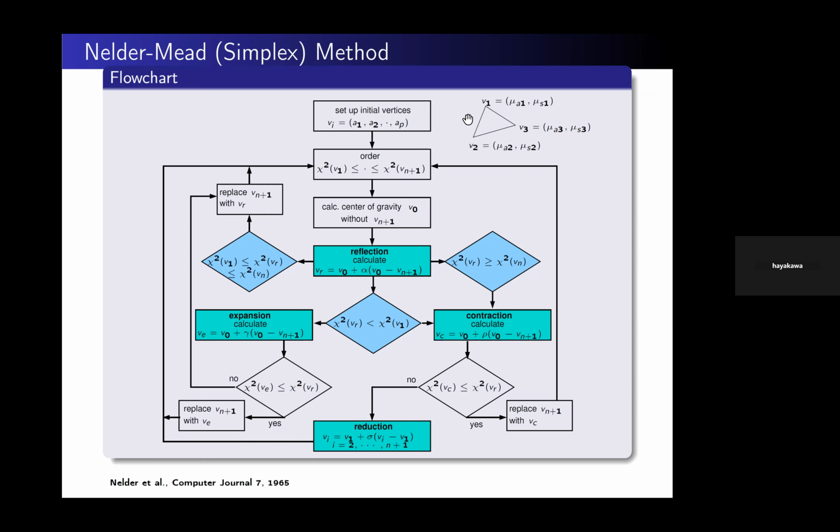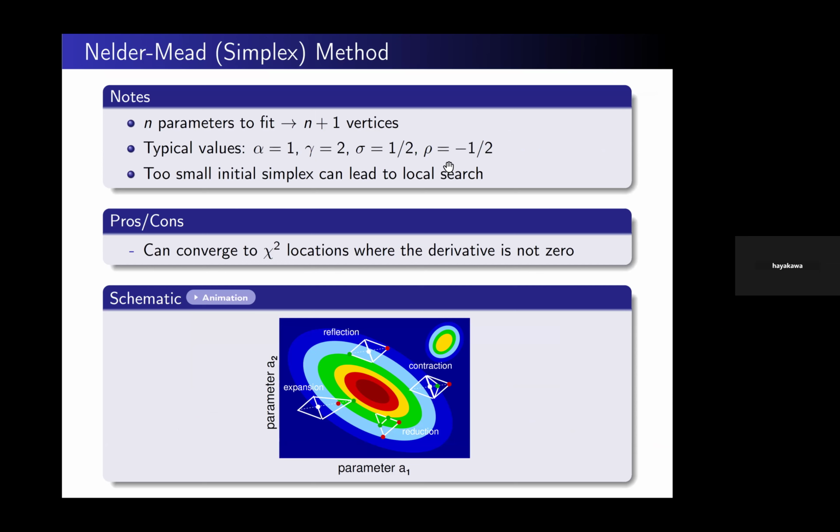So there are typical values for these reflections, contractions, expansions, and reductions that are given here based on the equations I gave on the previous chart. And here is a little schematic of my chi-squared space where I'm looking for, in this case, mu A and mu S. This shows we're trying to find this minima here in red.